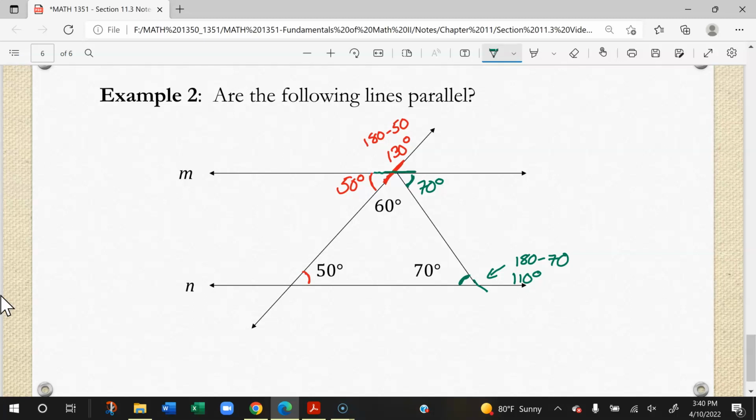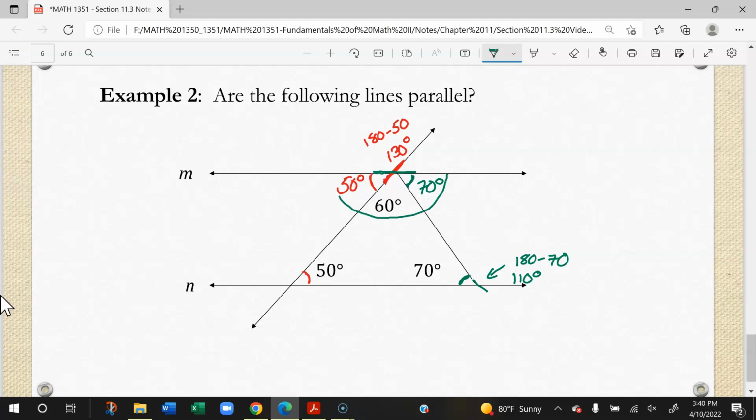Now, straight line here, if these are parallel, hopefully 70, 60, and 50 would add up to 180. Let's see. 70 and 60 is 130 plus 50. Yeah.